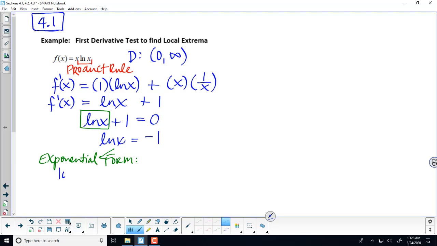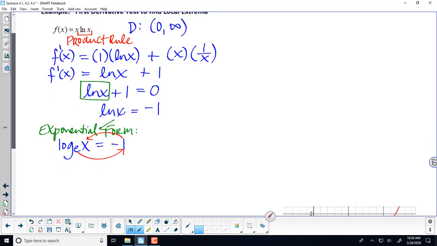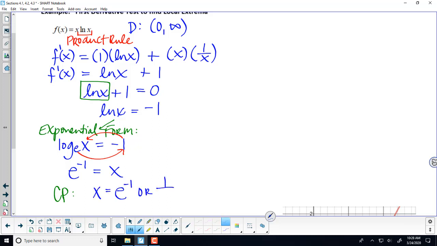So it's something like this: log base e of x equals -1. So if you remember this, e to this power gives me x. Right, so e to the negative first power is x, which is the exact value of my critical point. So my critical point is x equals e to the -1, or you could say 1 over e if you'd like.